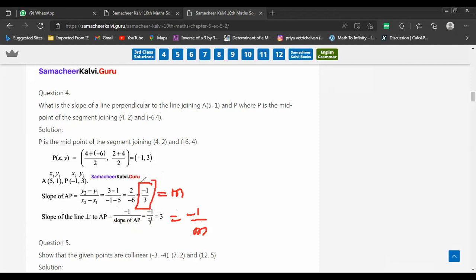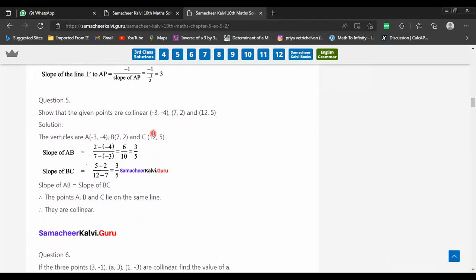So your answer is minus 1 by 3. So that you will write it over here. So the answer is 3. Do you understand this one? Yeah.